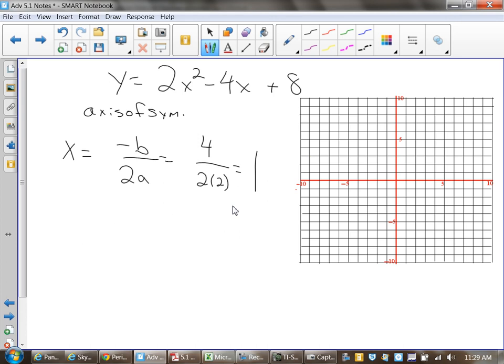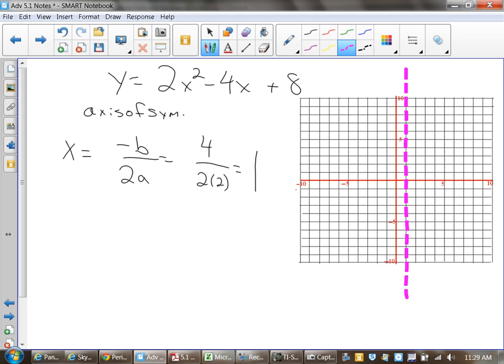When you're dealing with quadratics, this axis of symmetry is always a dotted line because it really isn't part of the graph. It's something you use to help graph. In this case, it's a vertical line through x equals 1.